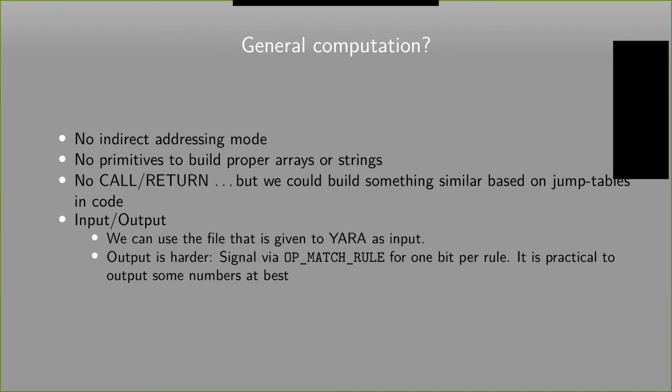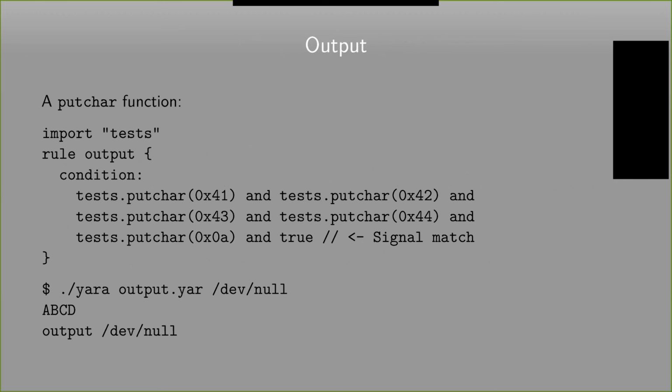So what can we do with this? Really, if we can disassemble, maybe we can assemble some programs. This is not going to be useful for actual rules, but I decided to look at this and see where this gets us. I'm running a little short on time, so I'll skip over the slide. The main thing is that we cannot really do any proper output.